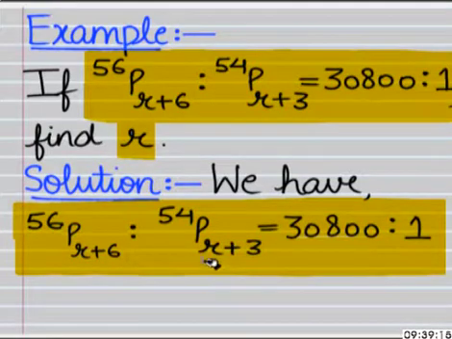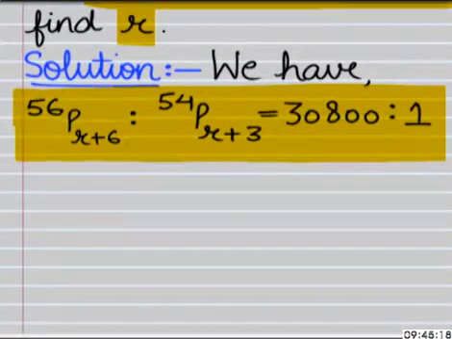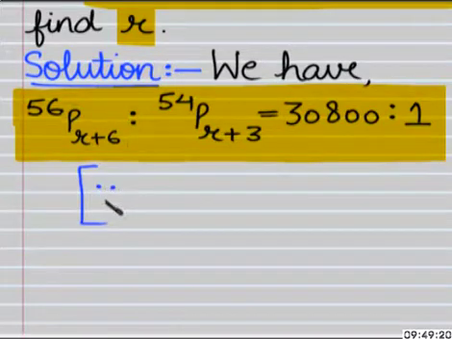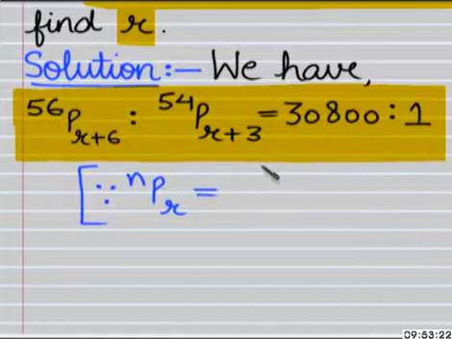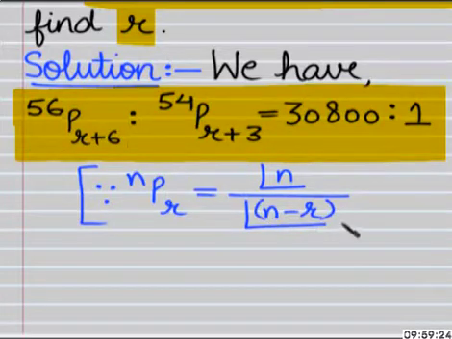We have to find the value of r here. Now, as we know that nPr is equal to n factorial whole divided by (n minus r) whole factorial.